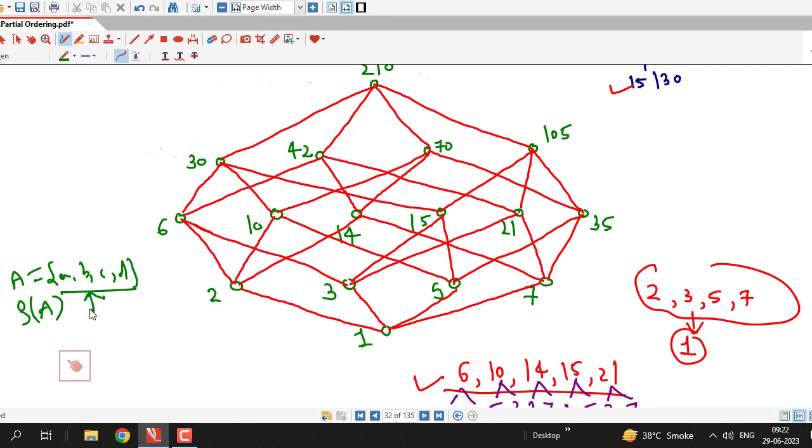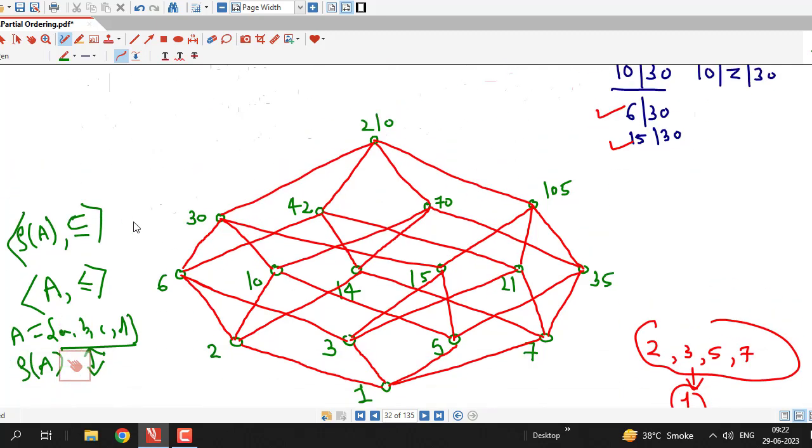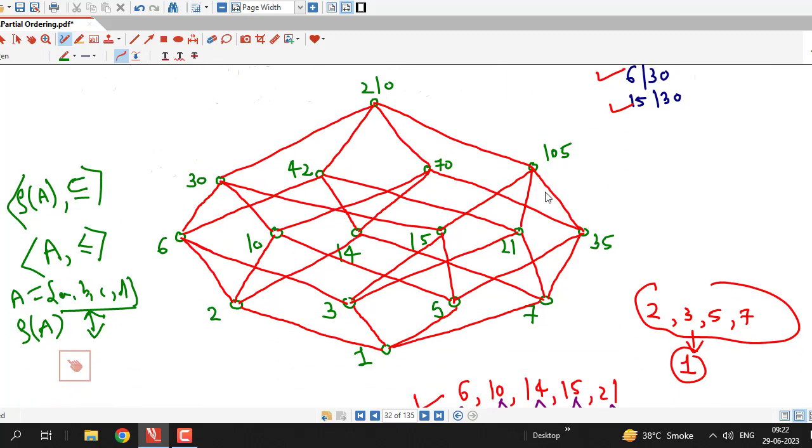So we are getting the same hasse diagram for these two partially ordered sets, the power set of A with inclusion relation and the set of factors of 210 with divides relation. So this is just for your understanding.